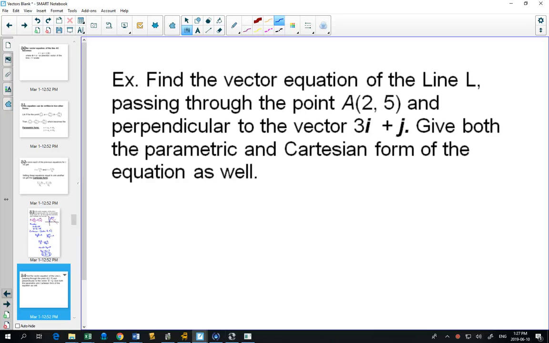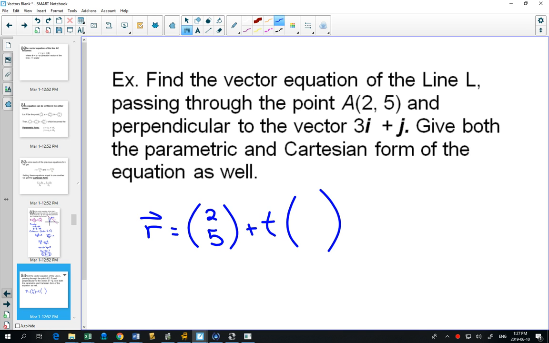Find the vector equation of a line L passing through the point (2, 5) and perpendicular to (3, 1). So first of all, we've got a point (2, 5). And we need something perpendicular to (3, 1). Whatever goes in here has to be perpendicular to (3, 1).